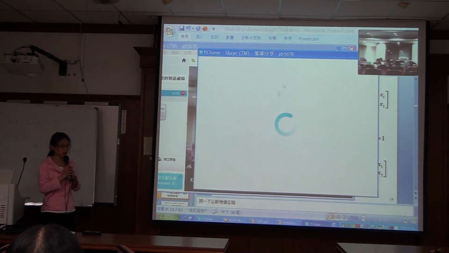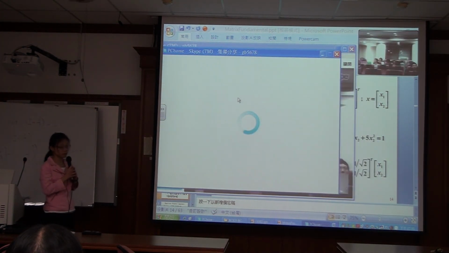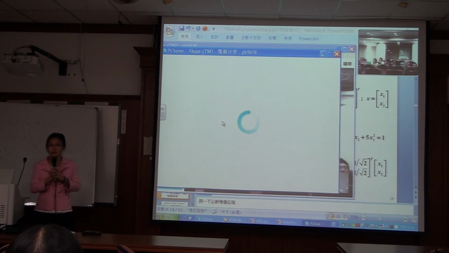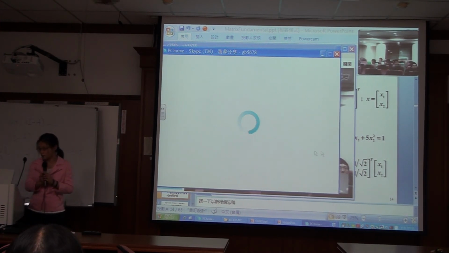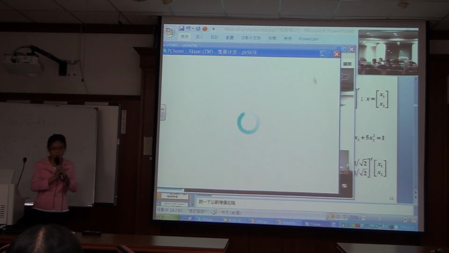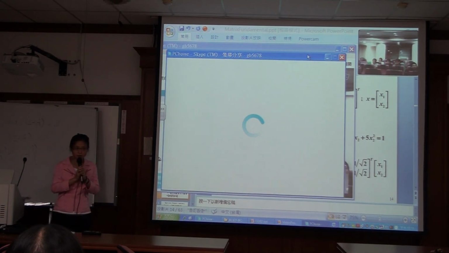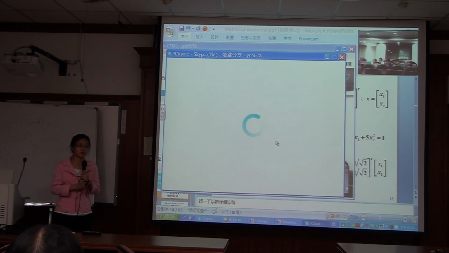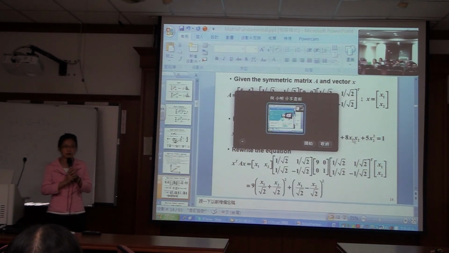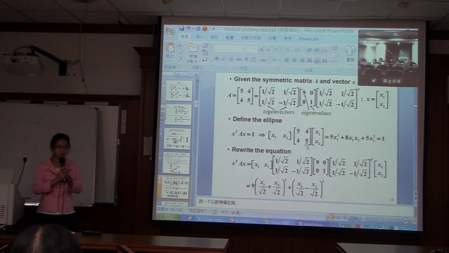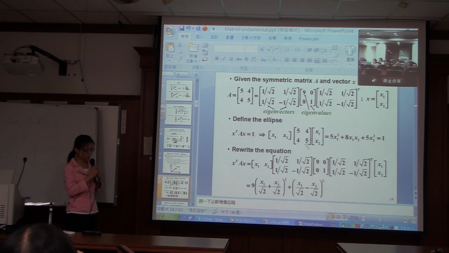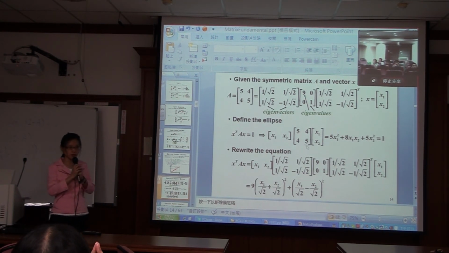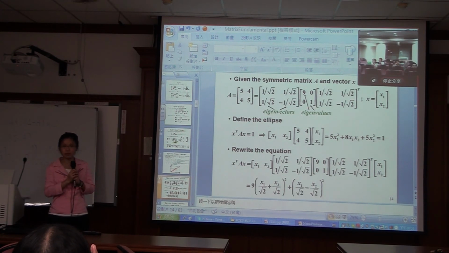So orthogonal diagonalization is 正交对角化。正交对角化的意思 what do we mean by orthogonal diagonalization? For symmetric matrices, we can always perform an orthogonal diagonalization. What's an orthogonal diagonalization?